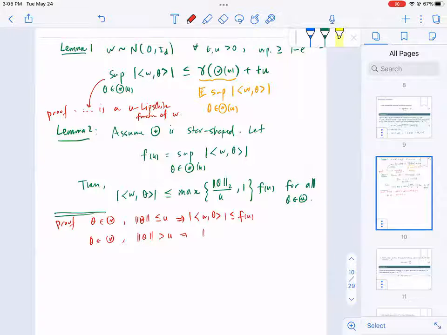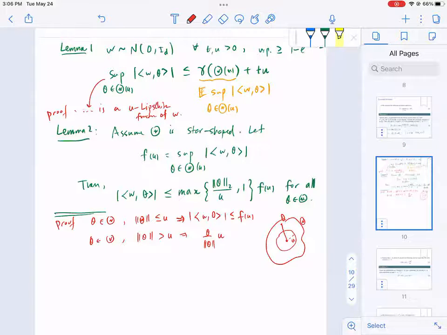Great, that's exactly what we're going to do. So theta divided by norm theta times U. This is theta here, and I'm going to scale it down until I hit the ball. Let's say this is my set, capital Theta, and this is the ball of radius U. Theta is in the set but outside the ball.